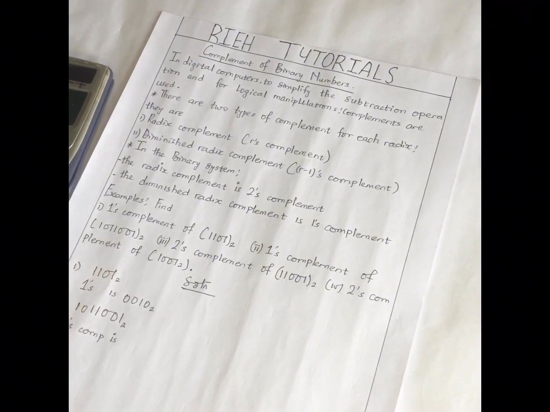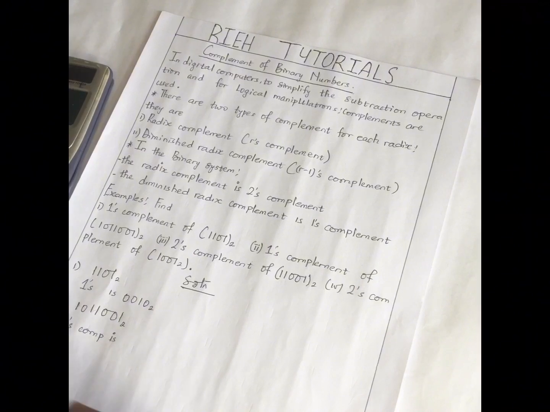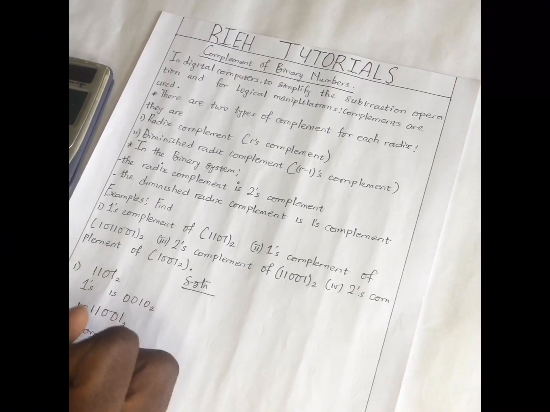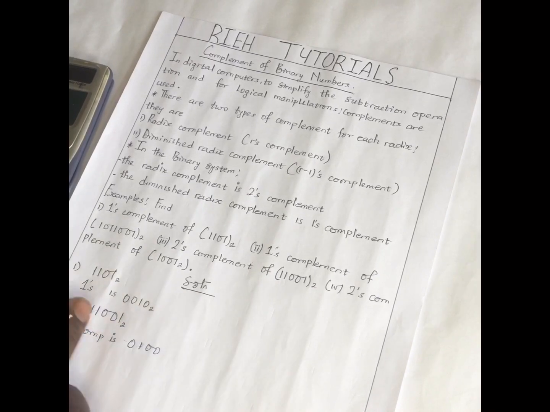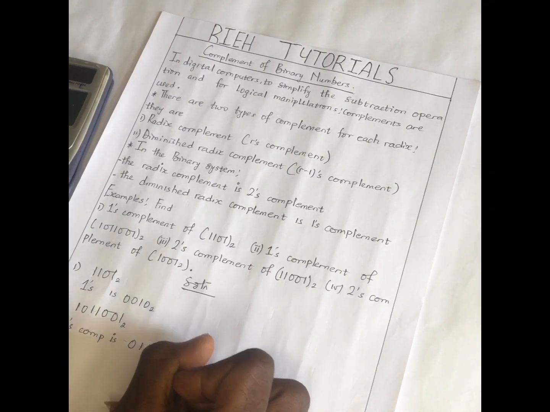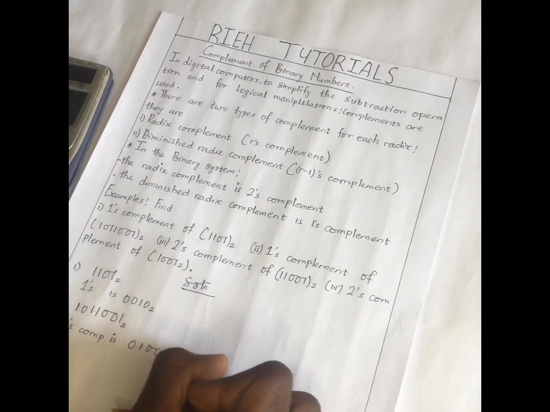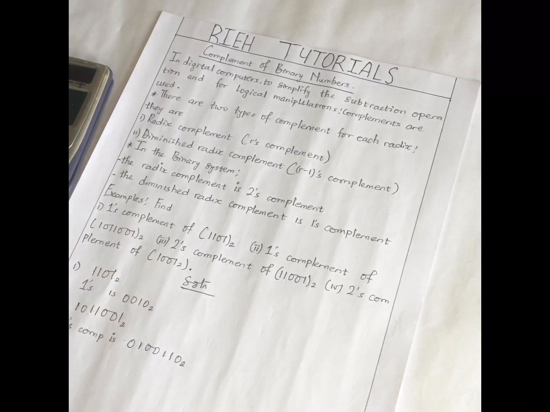So wherever you have 1, you substitute it with 0, and wherever you have 0, you substitute it with 1. So we have 0100110 base 2. So that is the second example.